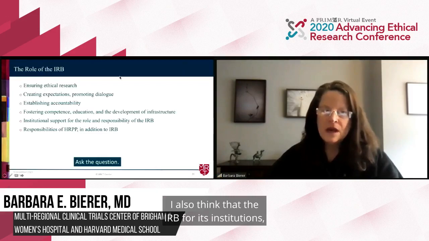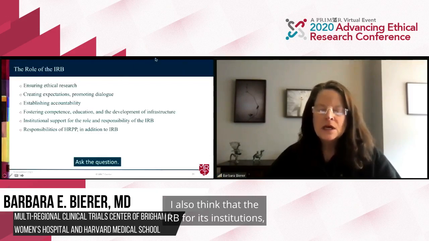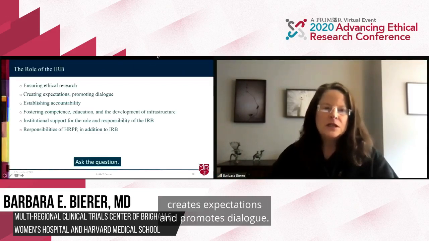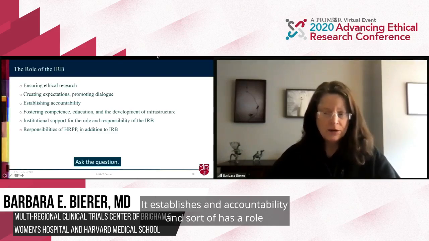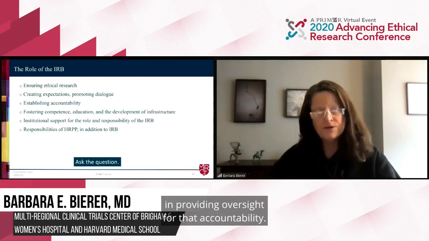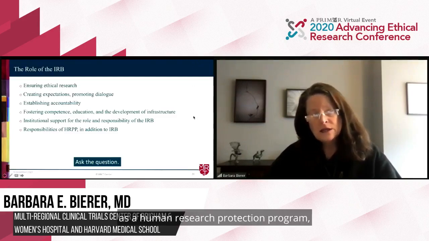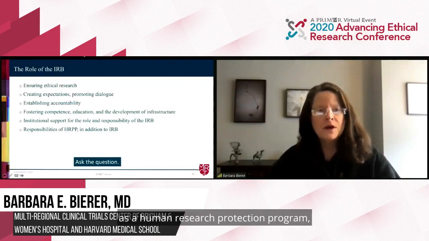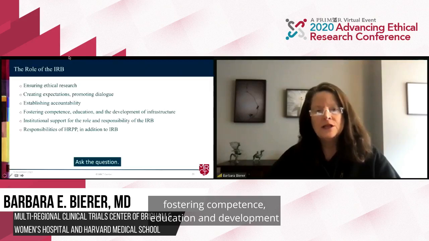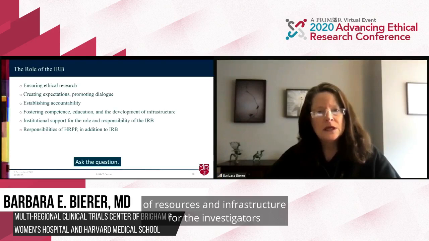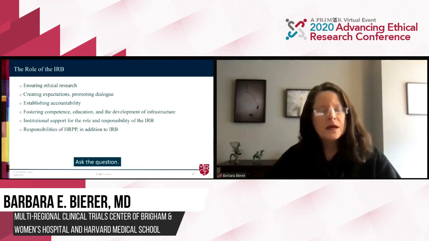I also think that the IRB, for its institutions, creates expectations and promotes dialogue. It establishes an accountability and has a role in providing oversight for that accountability, and often is the group that is, as a human research protection program, fostering competence, education, and development of resources and infrastructure for the investigators and their study team.